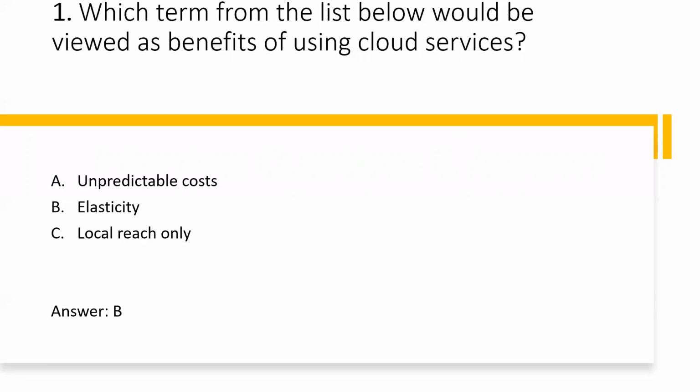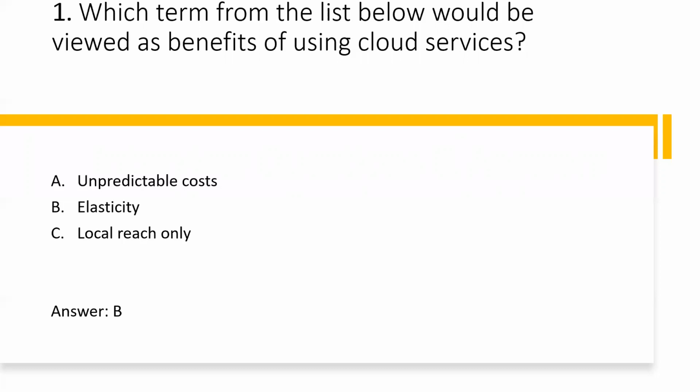So let's go to answer B, elasticity. So this answer looks good. So cloud services, the primary benefit, it automatically adds resources based on demand. So elasticity is the main benefit of using cloud services.